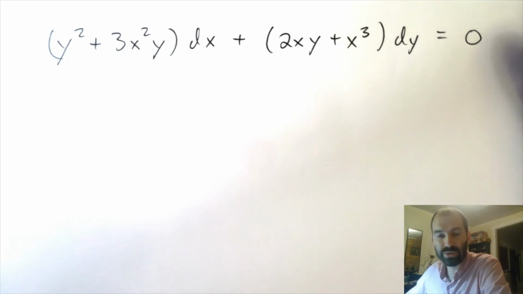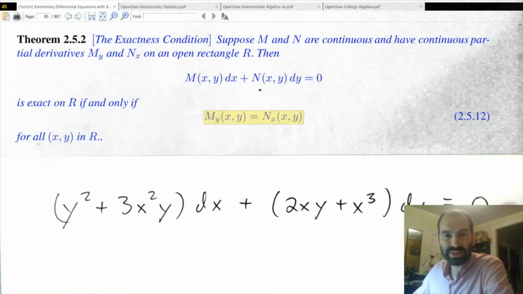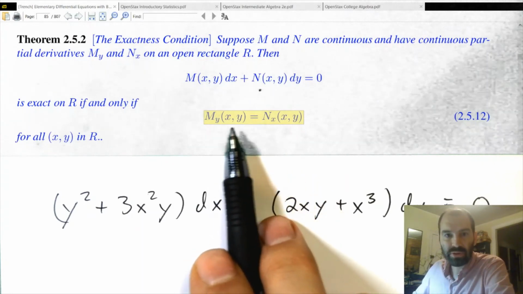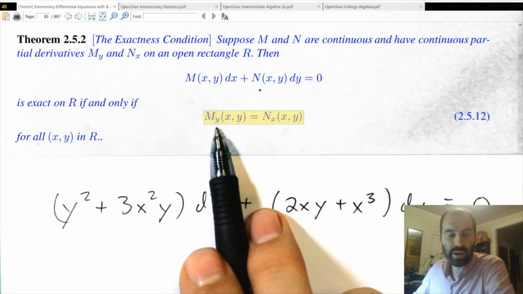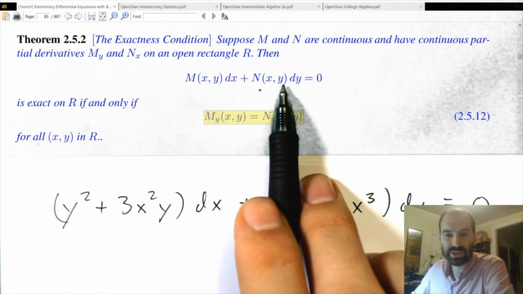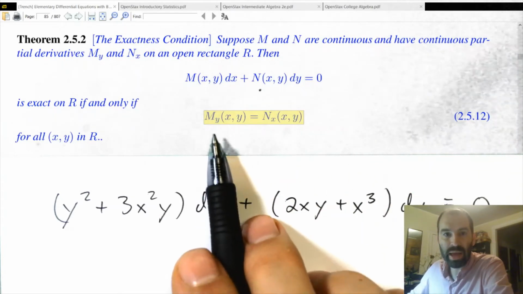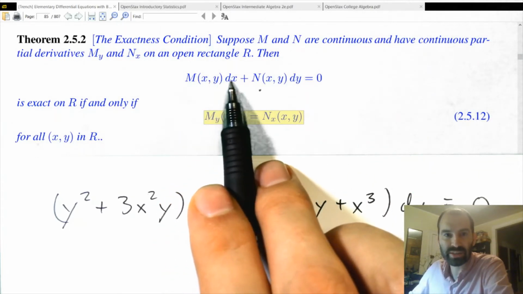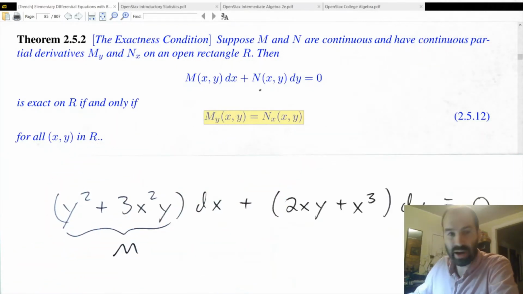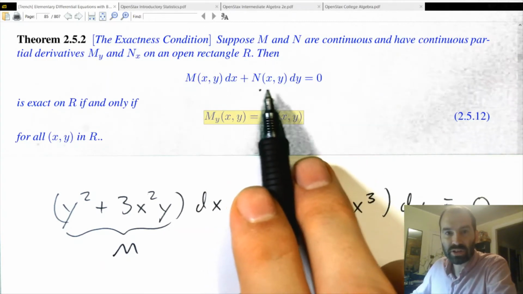Okay, so how do we use the theorem? Well, let's look at what the theorem says. The theorem says that if this equation is true, if M_y equals N_x, then this differential equation is exact, so we can expect to find a solution. What are M and N? Well, M is the function next to dx. So this right here is our M. What is N? N is the function next to dy.